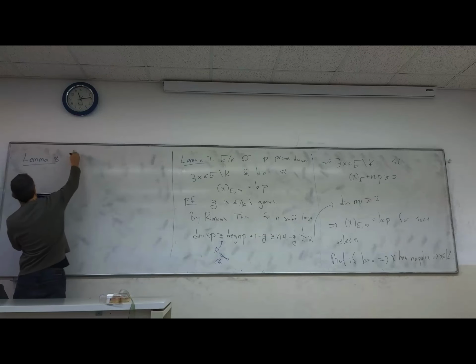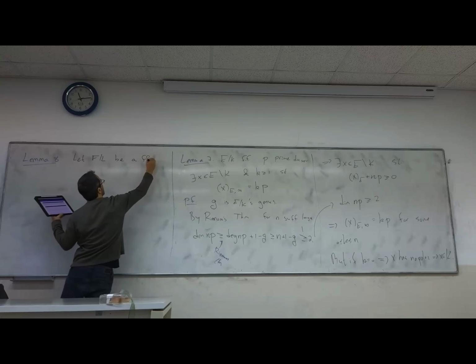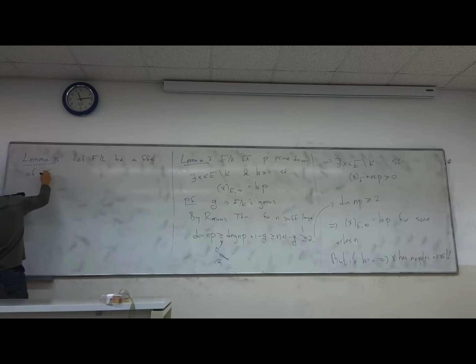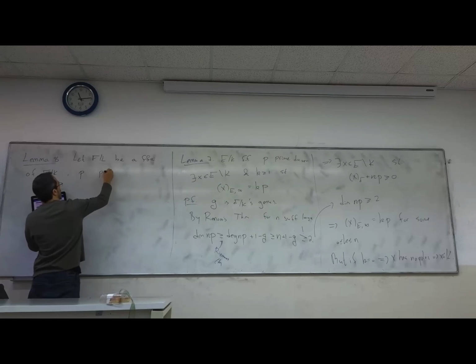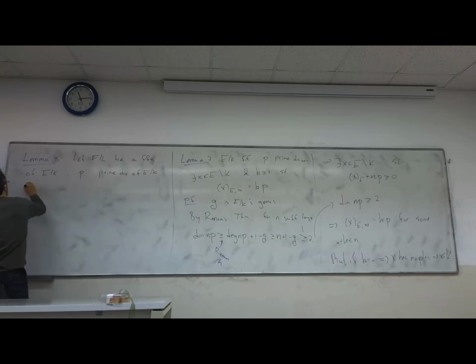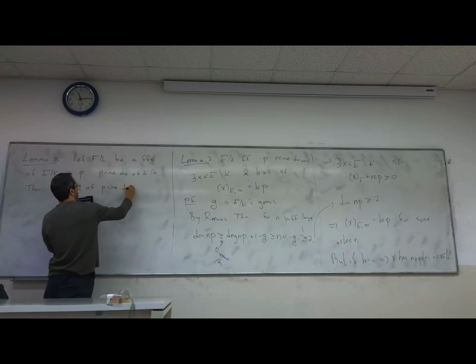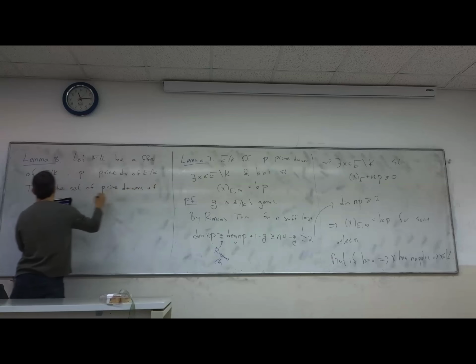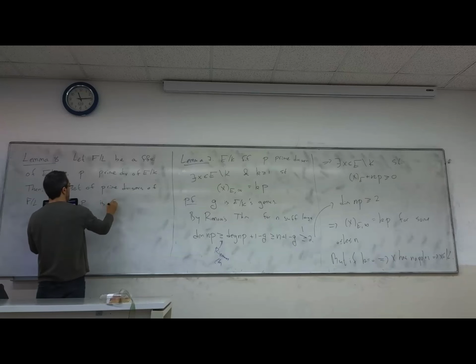Okay, so let F over L be a function field extension of E over K, and P a prime divisor of E over K. Then the set of prime divisors of F over L lying over P is finite and non-empty.